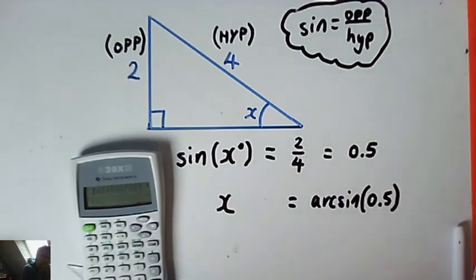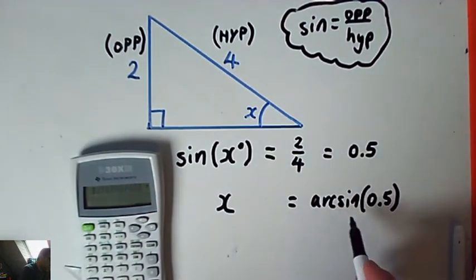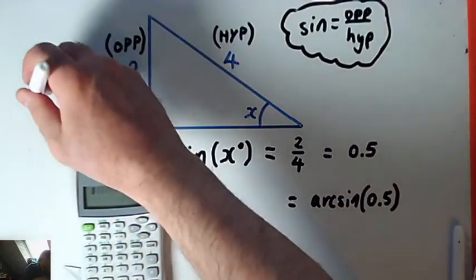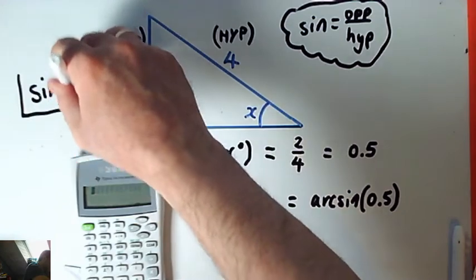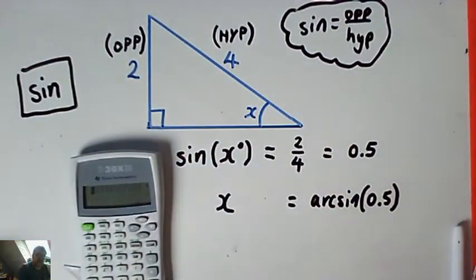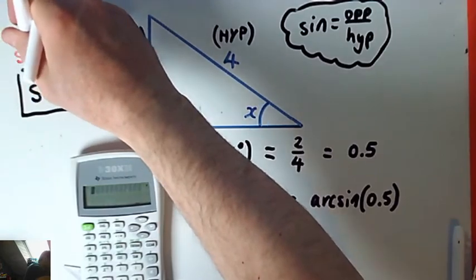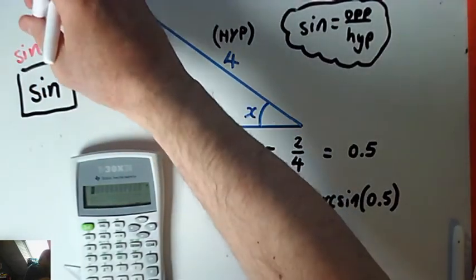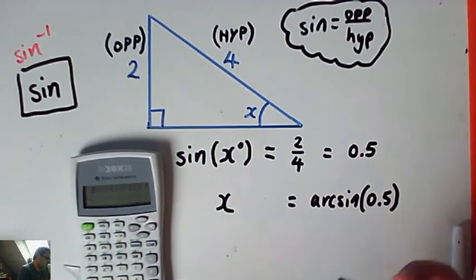So on this particular calculator, I've got my sine button, but I want the arc sine, and you can't really see it on the screen very well, but you've got the sine button, and then above it it's got sine and then a little -1, which is denoting the inverse sine function.